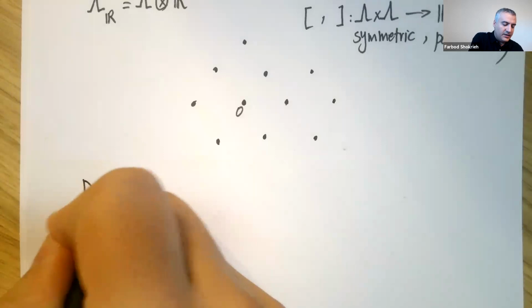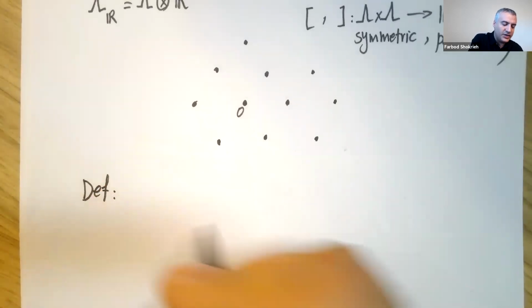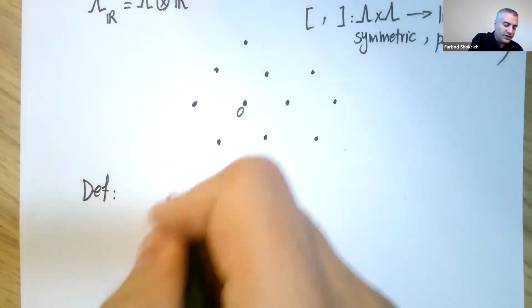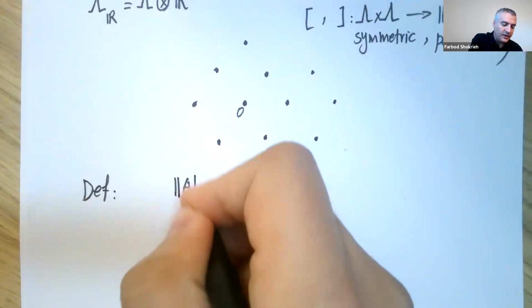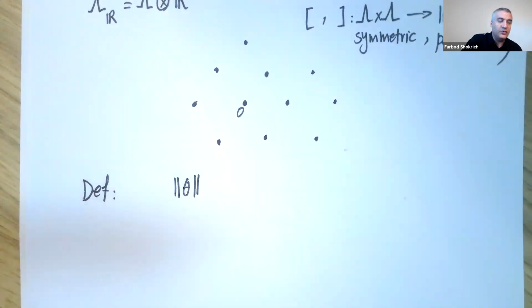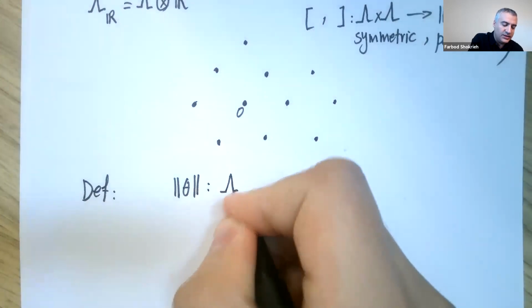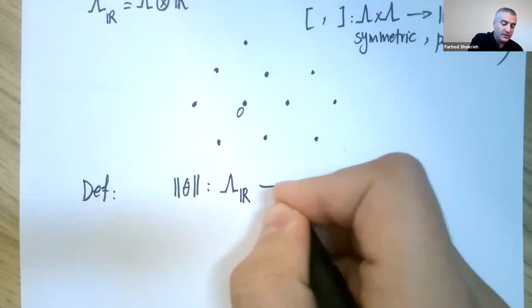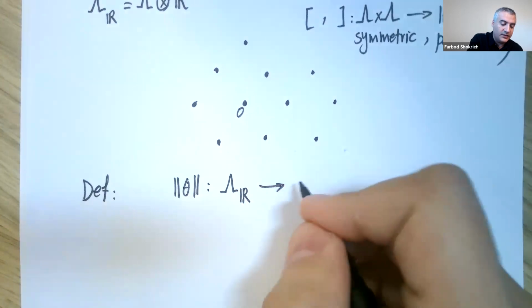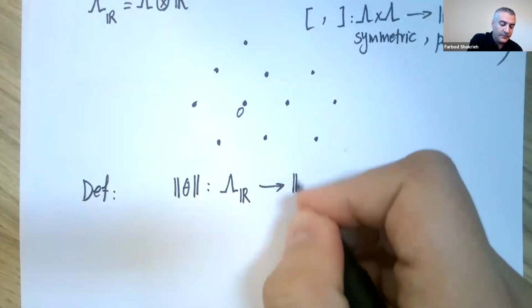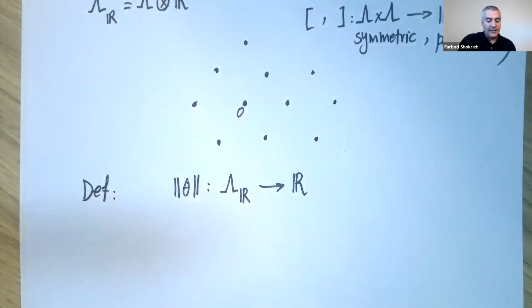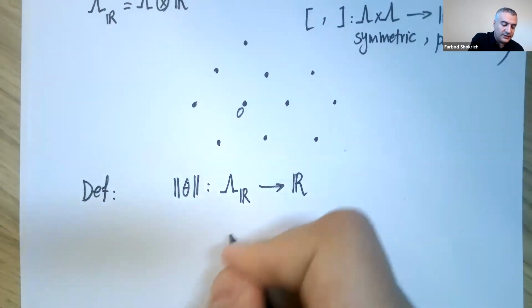Let me define a function in this situation. I use this norm of theta notation. That should suggest this has something to do with theta functions. And what I'm going to do is something very simple.